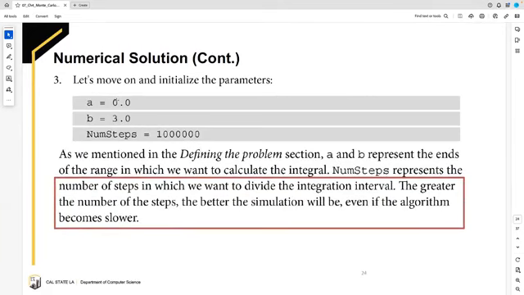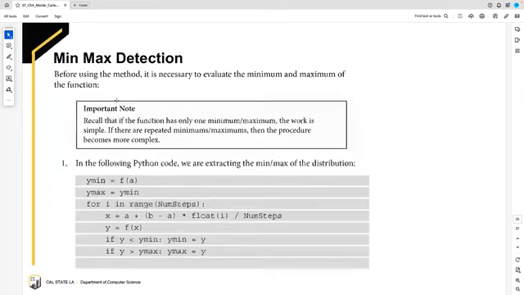We have 1 million steps, and these are the variables that I defined for you. And every time, as I explained earlier, we are going to see whether the value of the randomly generated number is less than f of x or not. Before that, though, if you have a function, you have no idea where the maximum value is, right? So what you need to do is to somehow go from the starting point, which is A here, to the end point, which is B, and then you're going to take small steps.